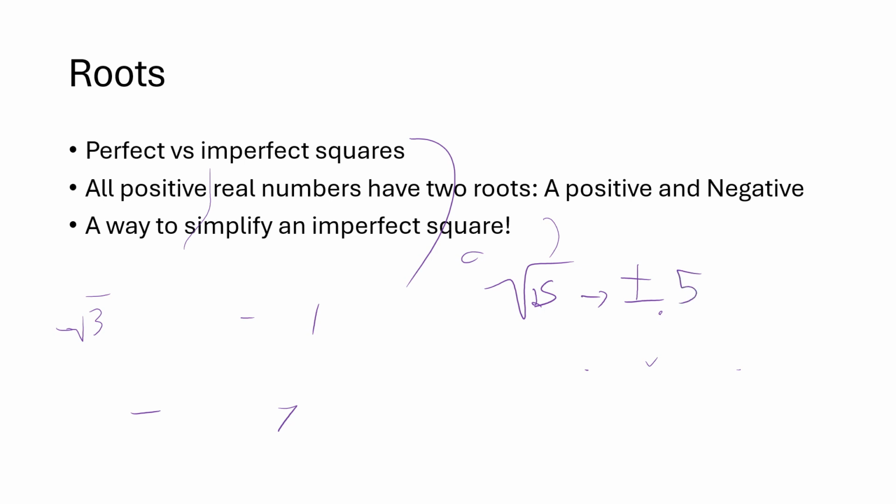This is why in the quadratic equation you have x equals negative b plus or minus, because you're square rooting a number. So plus or minus the square root. Anytime you get a square root, understand that there is a positive and a negative number. Just something to know.